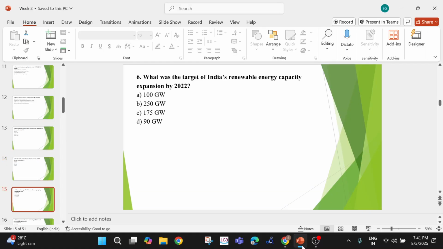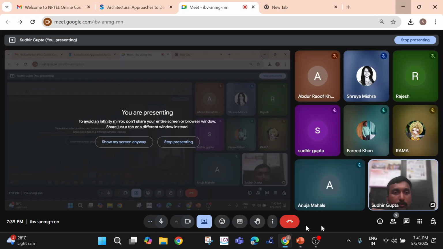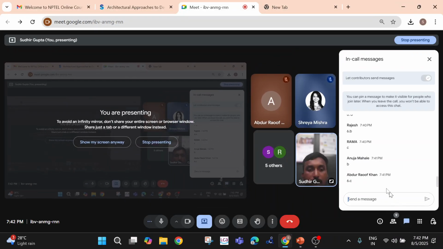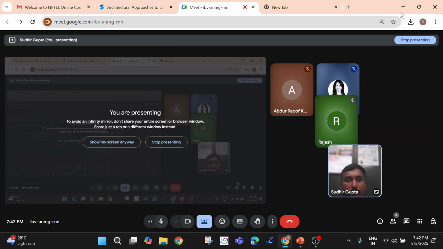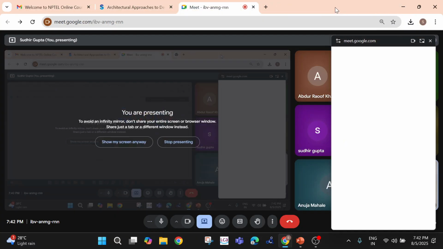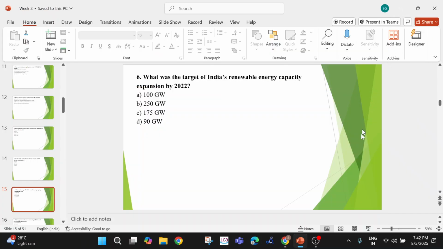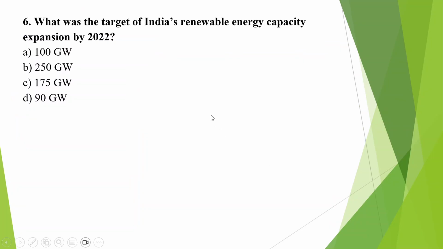I have received different answers for this question, some of you are saying C, some of you are saying B, but only one ballpark figure was given to all of you while the lecture was taught in the week 2 series. So option C is the correct answer for this question number 6.